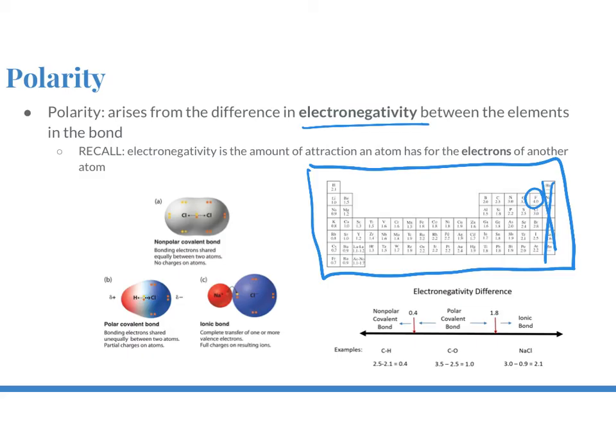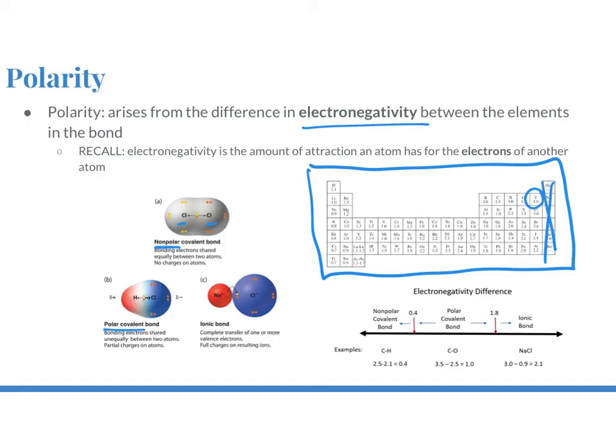So remember that our nonpolar covalent bond is going to be the equal sharing between electrons in that bond. So there's not going to be any charges or partial charges on your atoms. Generally, you're going to see that these 2 atoms in the bond are going to be the same. So there's not going to be any difference in electronegativity there.